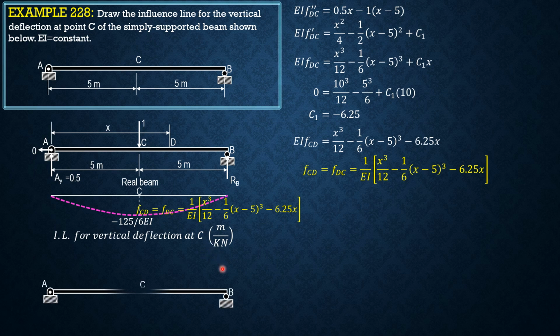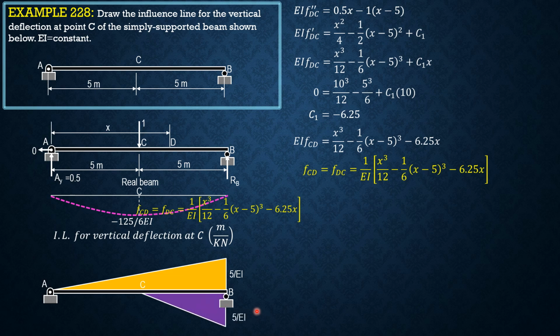per kilonewton. So for the conjugate beam method, this is the conjugate beam and the load would be 1/2 or 0.5 of 10, so 5 over EI first degree. Then for the load 1 times 5, so 5 over EI.